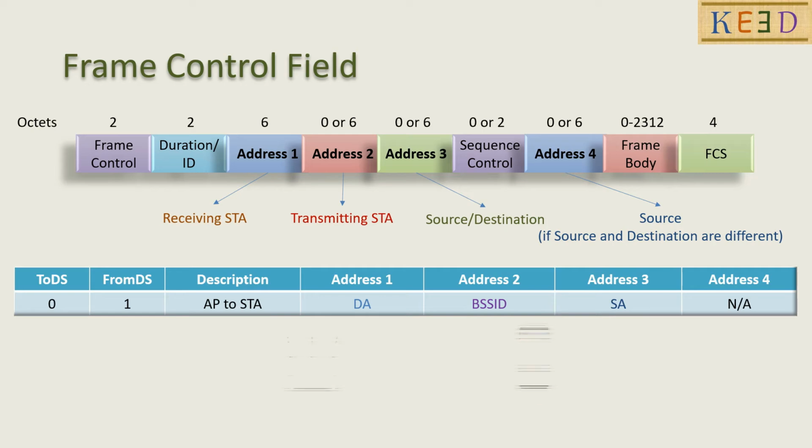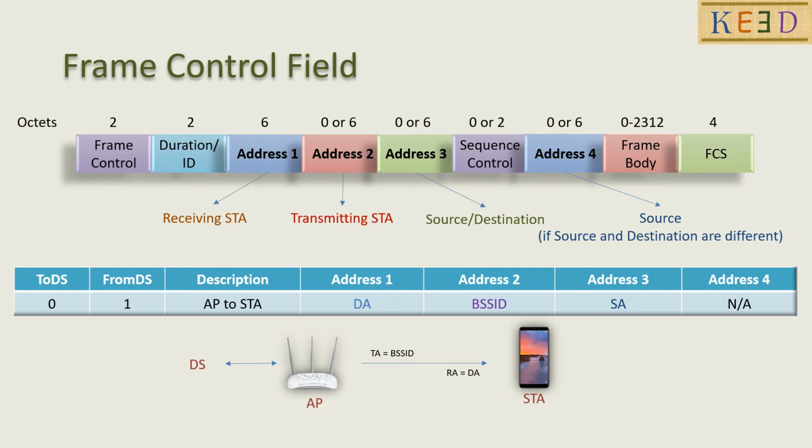In the case of BSS, all the stations are connected to the AP and the AP acts as DS. When the AP transmits the packet to the station, then To DS is 0 and From DS is 1. Transmitter address equals the address of the AP, that is BSS ID.